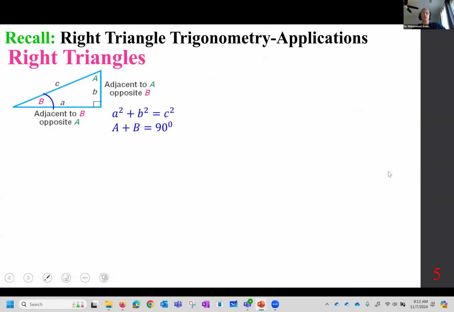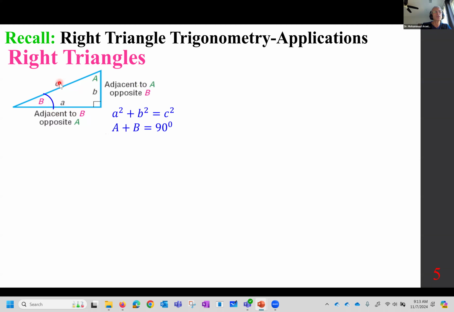Now, the right triangle trigonometry application, we went over the concept, and here's the synopsis of that. If you have a right triangle, this is vertex A, B, C, a squared plus b squared equals c squared, A plus B equals 90 degrees. And if you look at this angle B for now, the opposite is this side, lowercase b. By the way, the vertex is uppercase and the opposite side is lowercase: side a, side b, and this is c.